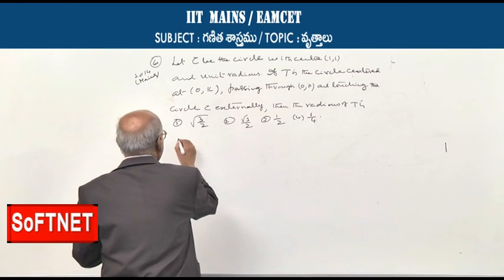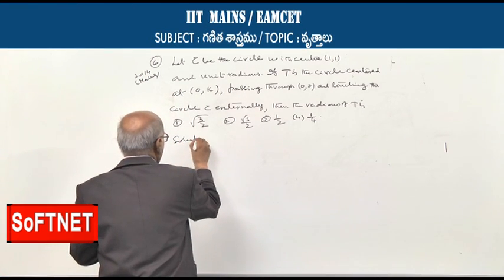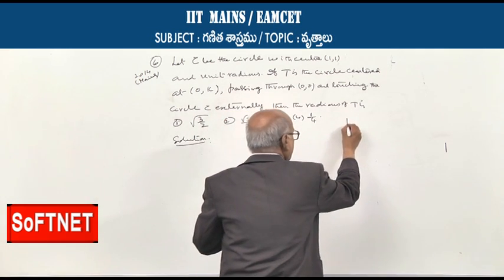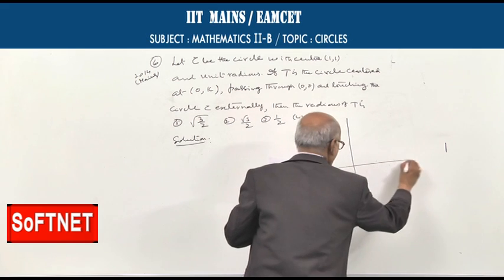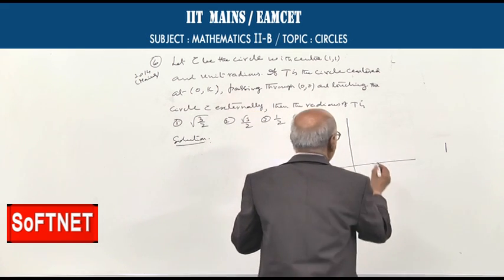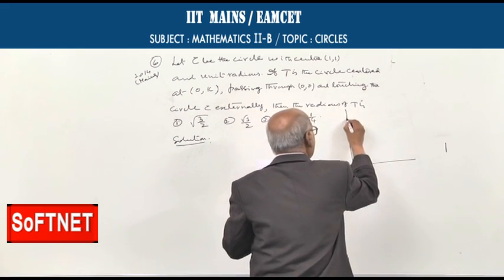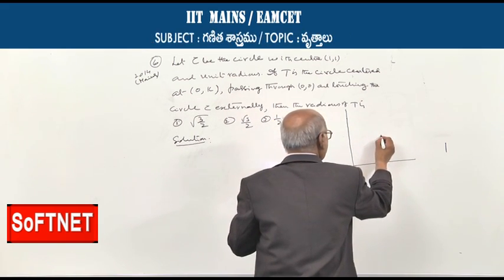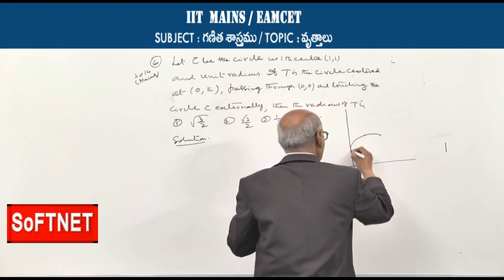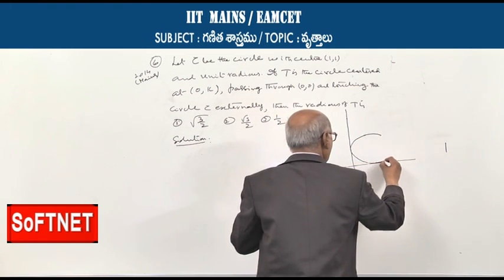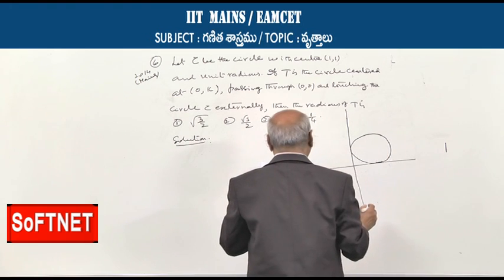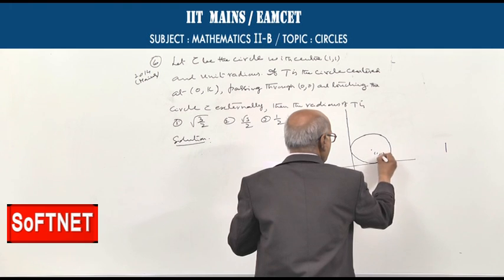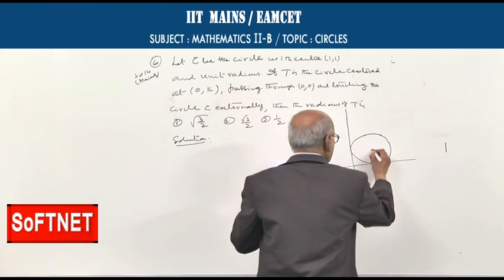The solution is, see you are given a circle with center (1, 1) and radius 1 unit.